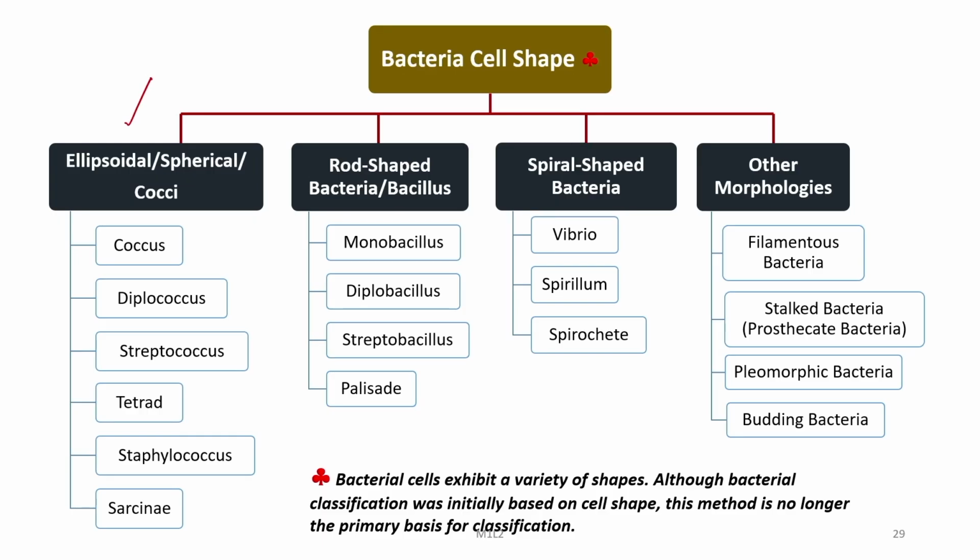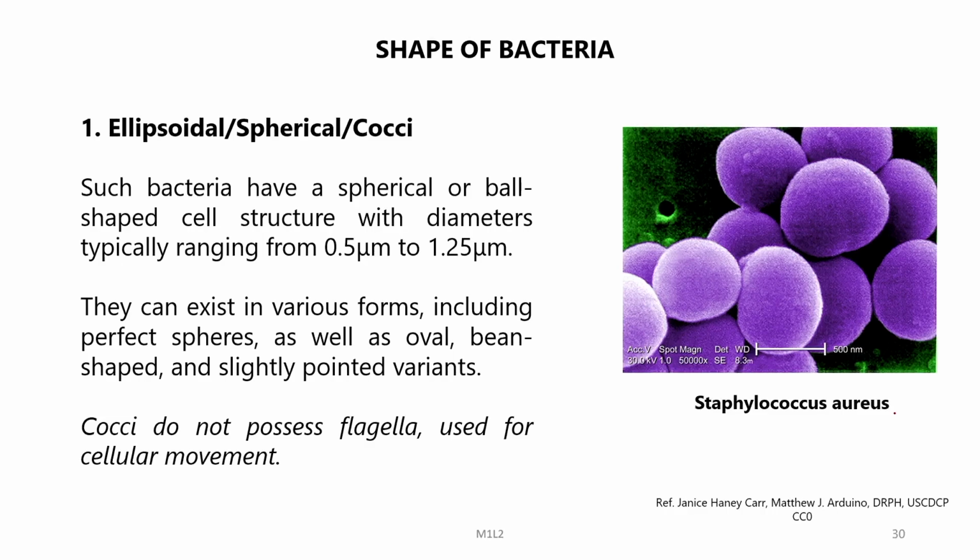They can also have many variations like coccus, diplococcus, streptococcus, tetrad, staphylococcus, sarcina, and then they may be rod-shaped, which may be again monobacillus, diplobacillus, streptobacillus and palisade, and they can be spiral shaped like vibrio, spirillum, spirochete, and there are other morphologies like filamentous bacteria, stalked bacteria, pleomorphic bacteria and budding bacteria. Now let us discuss these shapes one by one.